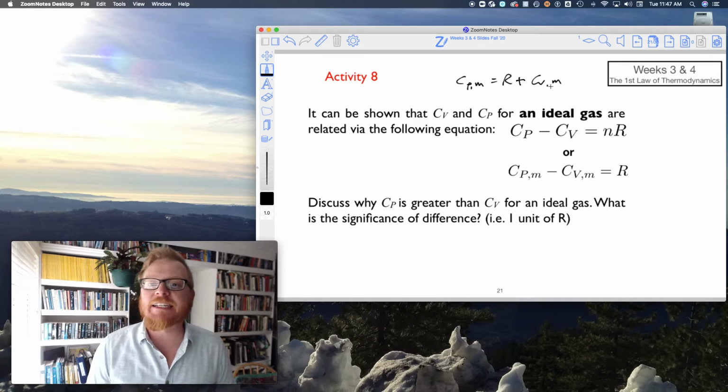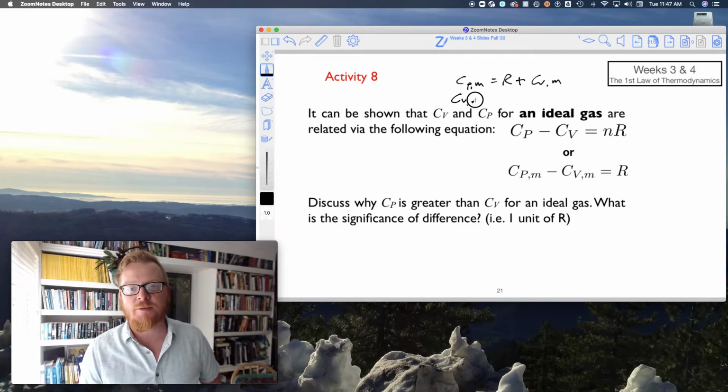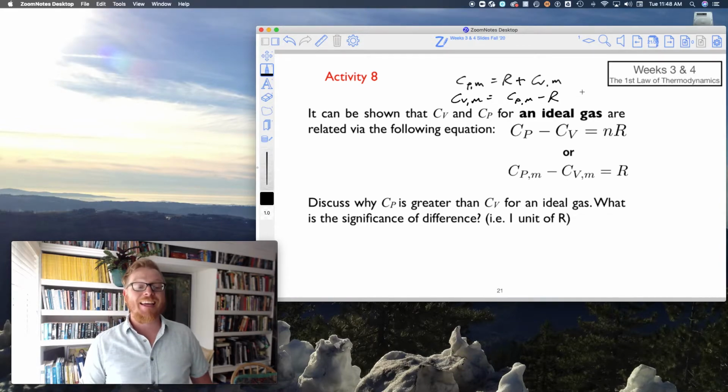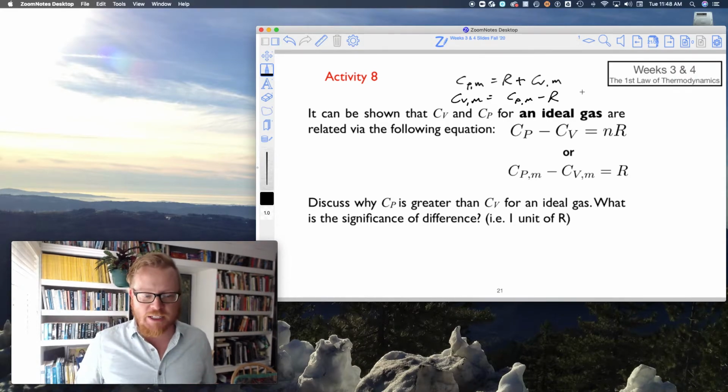Conversely, CV is less than CP, so I could write CVM equals CPM, of course, minus R. CV is less than CP because when volume is being held fixed, there's no expansion work that requires an input of energy.